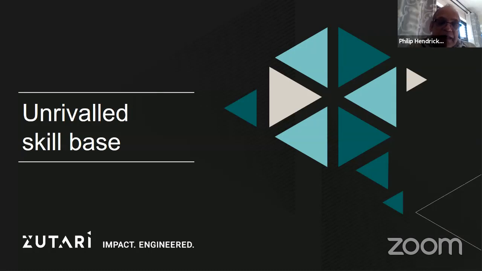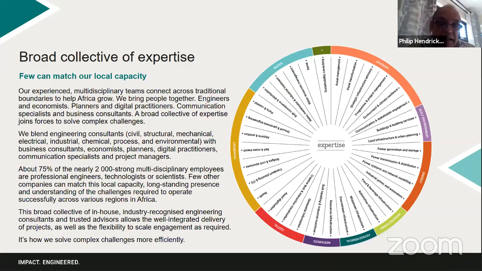In terms of our capability base, that's still going to be up there. Very few companies have the base that we have, 2,000 strong, multidisciplinary employees across the continent in all of the markets that we operate in, and we'll continue to grow that. It's been able to offer really multi-skilled solutions around complex challenges to clients.